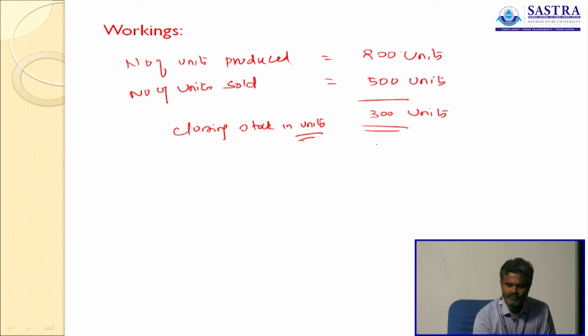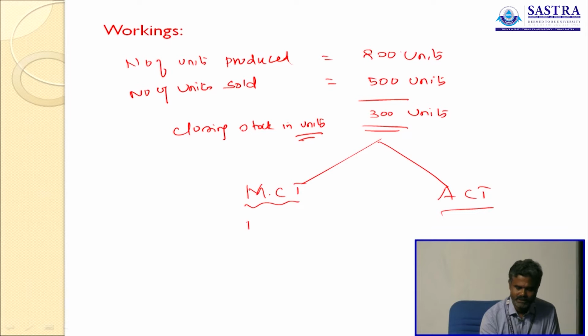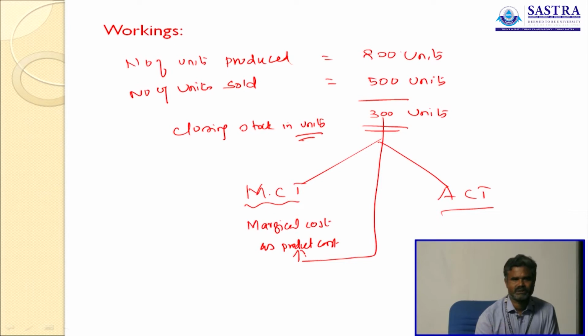So here we have to calculate the value of these 300 units based on the marginal cost technique and absorption costing technique. In the marginal cost technique, we consider only marginal cost as a product cost. So we calculate the value of 300 units based on the marginal cost.